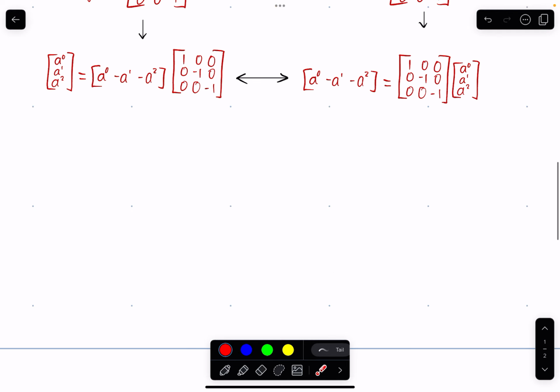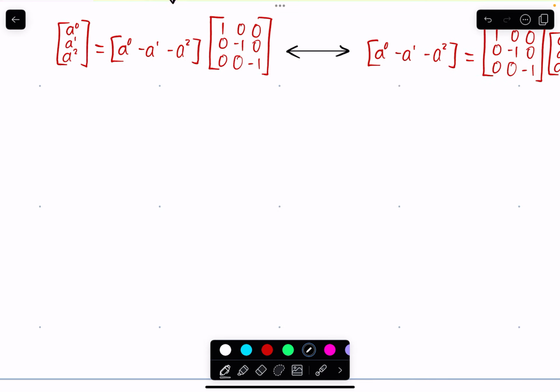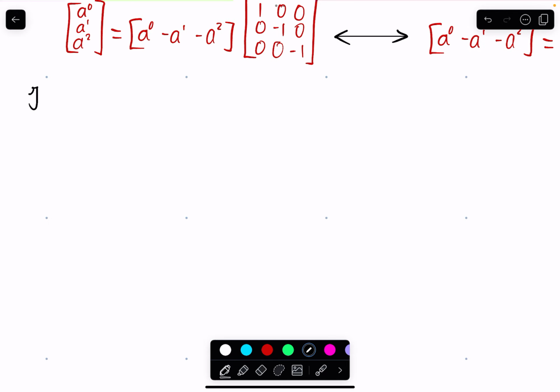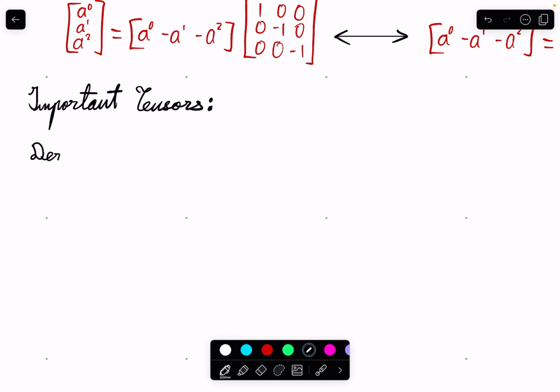Okay. Now let's talk about some important tensors. These are tensors that we will use at various points throughout this series. The first one is the derivative.